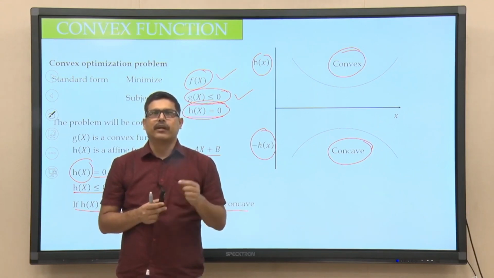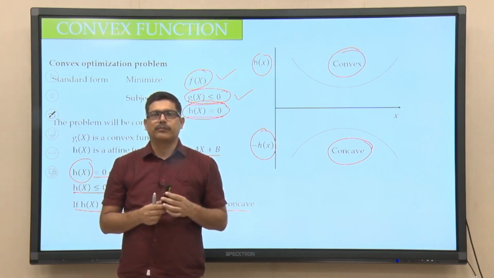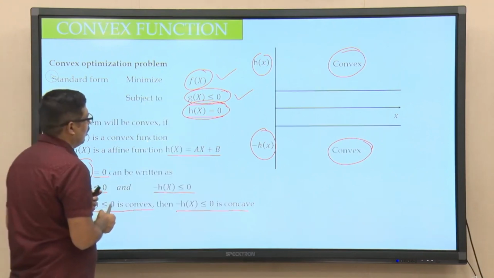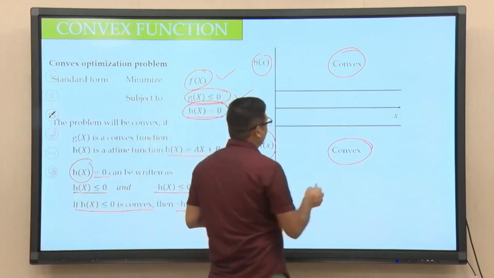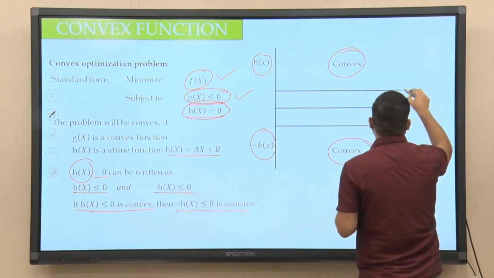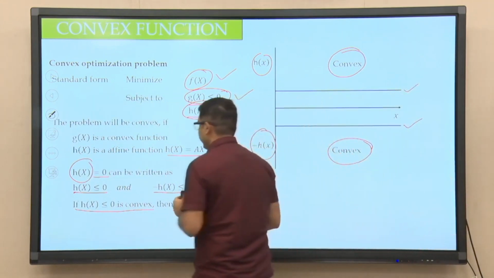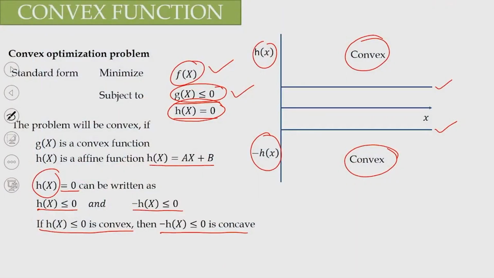But if you have any non-linear equality type constraint, then your problem will be a non-convex problem. So, the only possibility is that it is an affine function. In that case this will also be convex and this will also be convex, so your entire problem will be a convex problem.